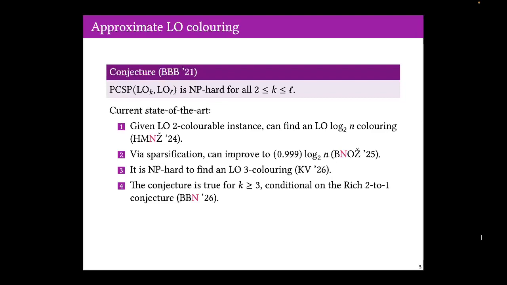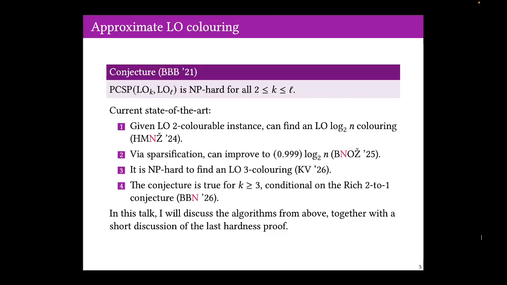And finally, at LICS this year, we managed to prove that, conditional on the Rich 2-to-1 conjecture, which is a variant of the unique games conjecture, the conjecture turns out to be true for k at least 3. In other words, given an LO_3 colorable instance, it's NP-hard to find an LO_l coloring for any l, fixed of course.